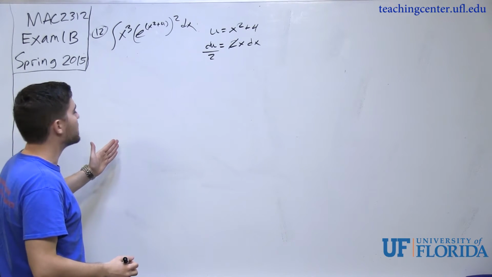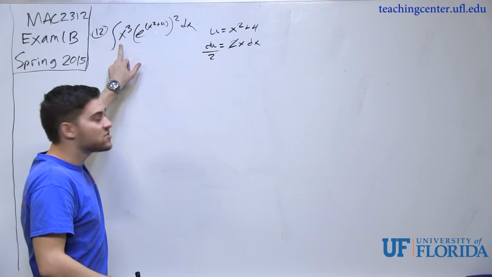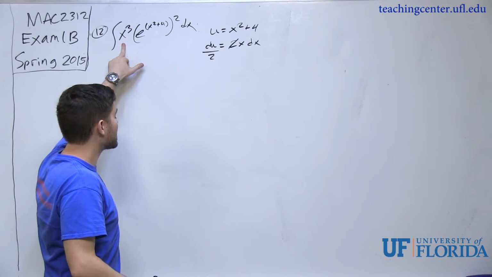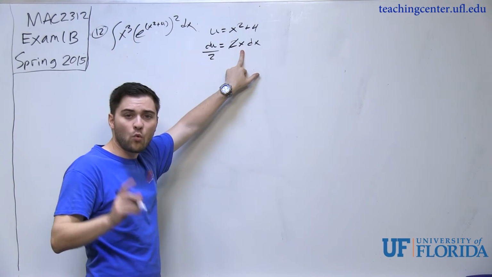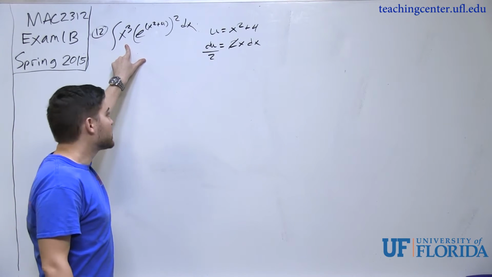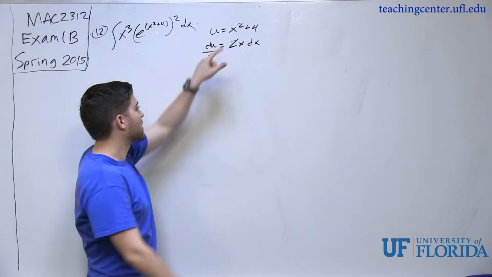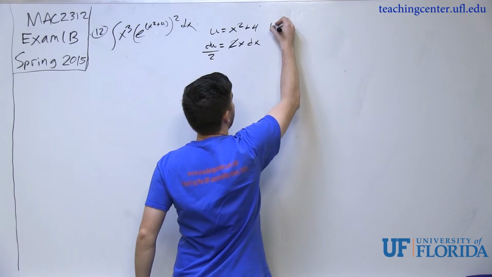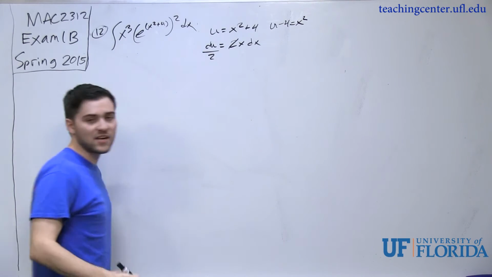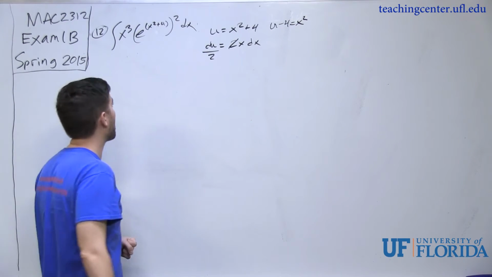However, there's an x cubed term out here, and this accounts for only one of those x's. So what do I do with this other x squared term? I can look here, and by subtracting over that 4, I get an expression for x squared. It's u minus 4.